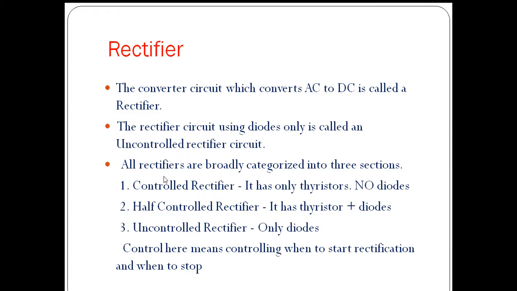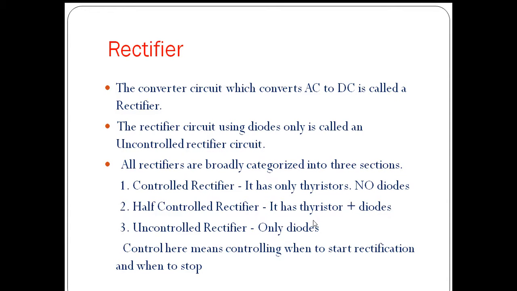Mainly the rectifiers are categorized into three sections. First, the controlled rectifier, which consists purely of thyristors. This rectifier circuit consists of only SCRs or thyristor family devices. Next is half control, which is a combination of thyristors and diodes.